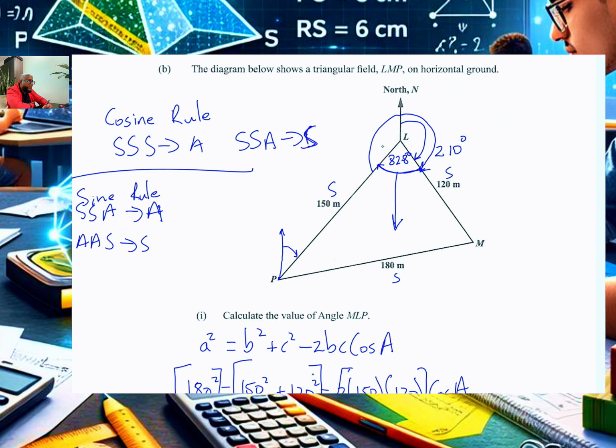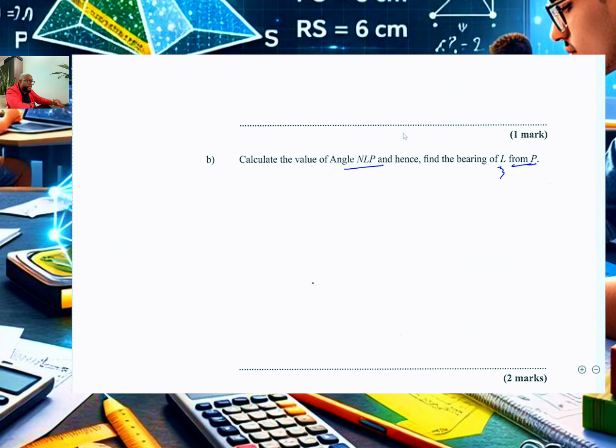360 take away 210. And then these are co-interior angles. But let me put PLN first, because that's the first thing they ask us to find. PLN or NLP, right? Is the same thing. NLP would be equal to 360 minus 210, which will be 150.